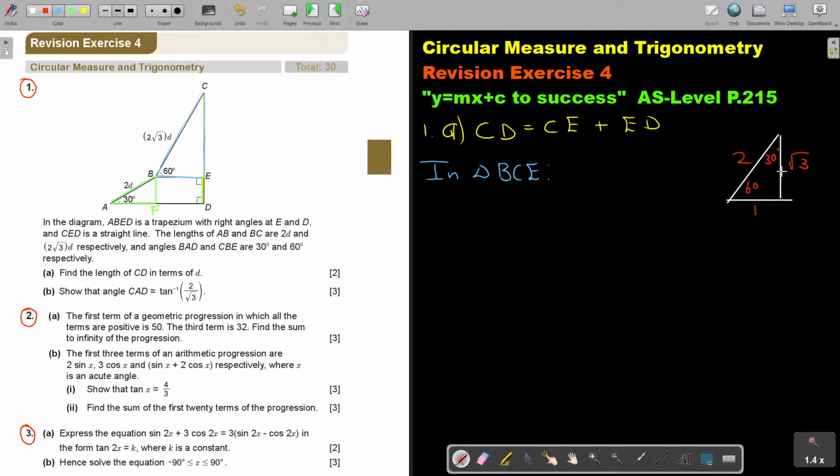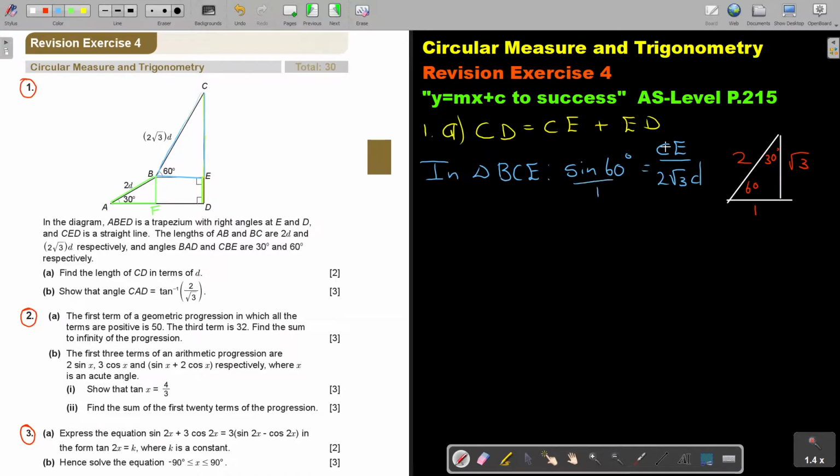So if I want to find CE, I'm working from 60. I'm going to say sin 60 is going to be opposite over hypotenuse. Are you with me? Because I'm in this triangle, I want the opposite, so CE over the hypotenuse, in this blue triangle, 2 square root 3d.